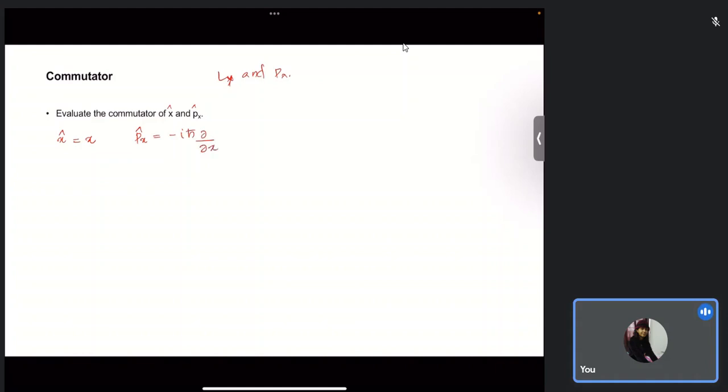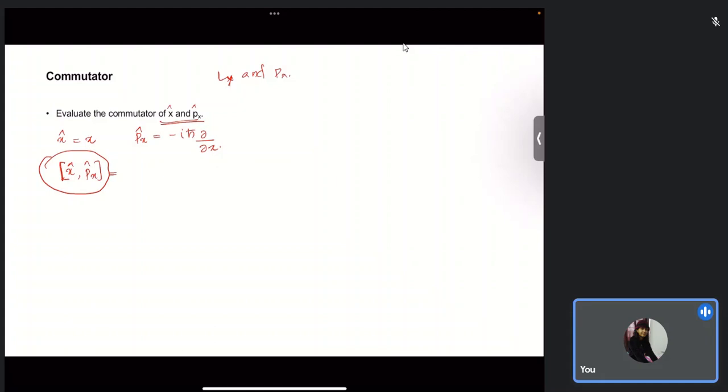And we have been asked for the commutator of x cap and px cap. This is how a commutator is denoted: x cap comma px cap inside a square bracket.